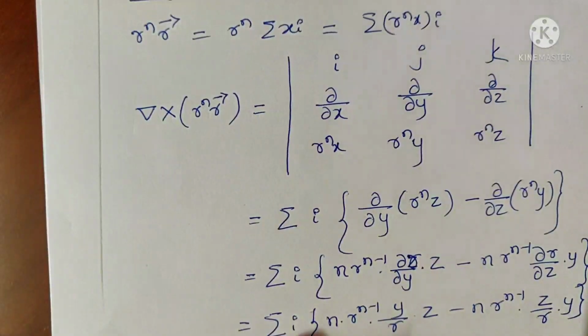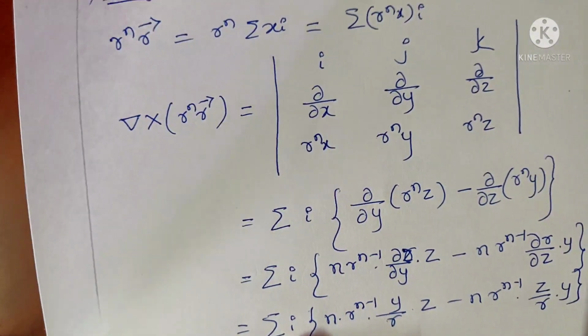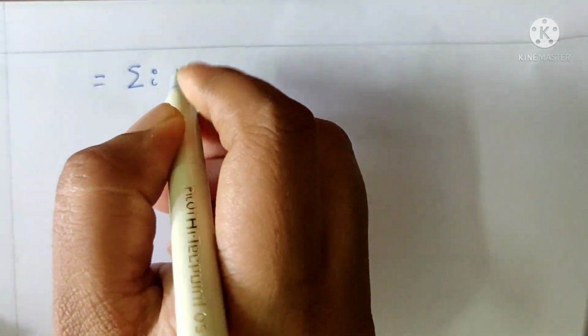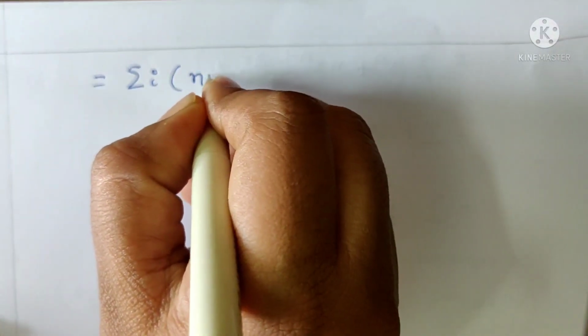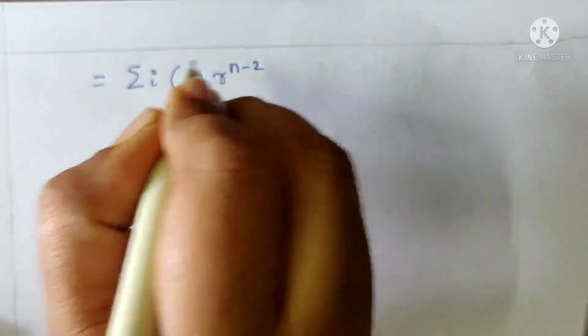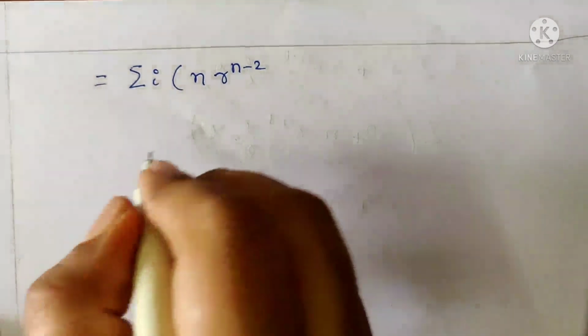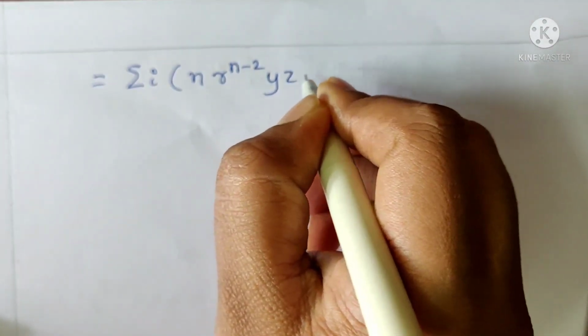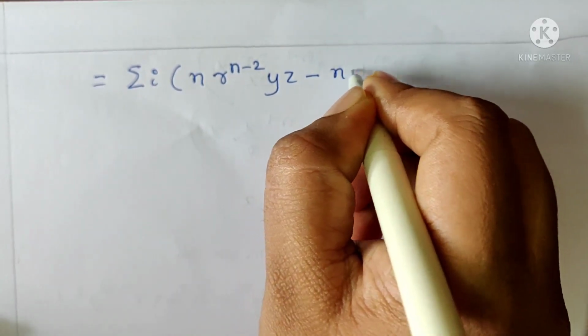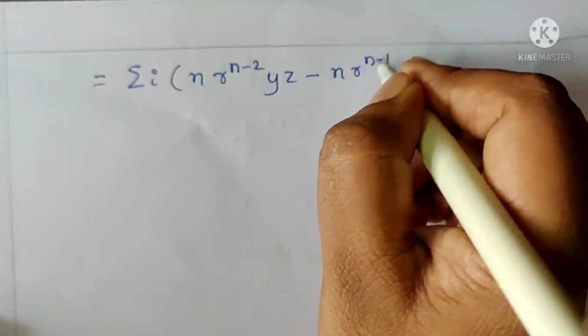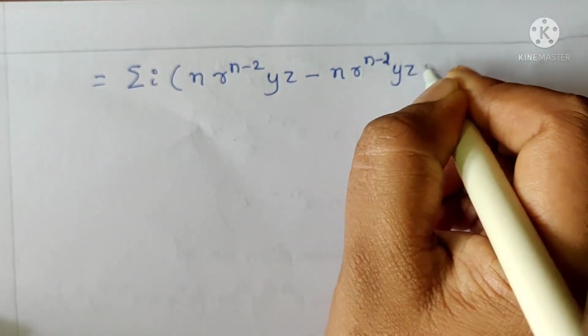So now it is equal to summation of i into n into again r raised to n minus 2, bring the denominator r into numerator, so we are left with y into z, minus n into r raised to n minus 2, again y into z.